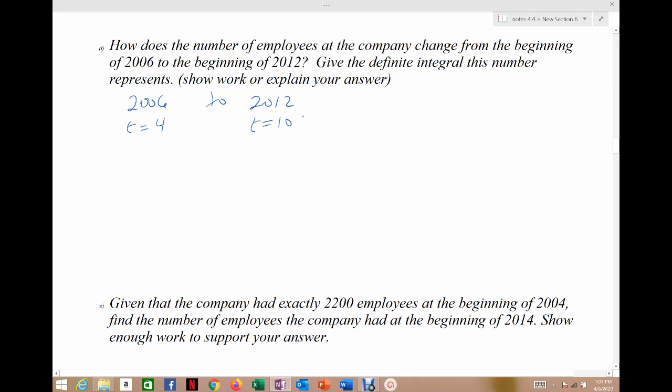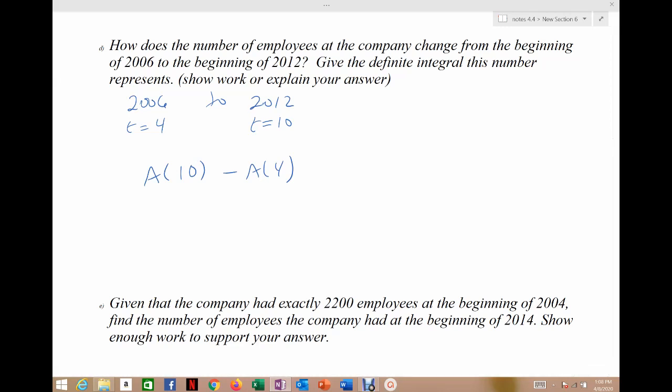Time 10. So we want to know how the employees change between the 4th year and the 10th year. Sorry, I did 12 instead of 10. So between the 4th year and the 10th year of this study.